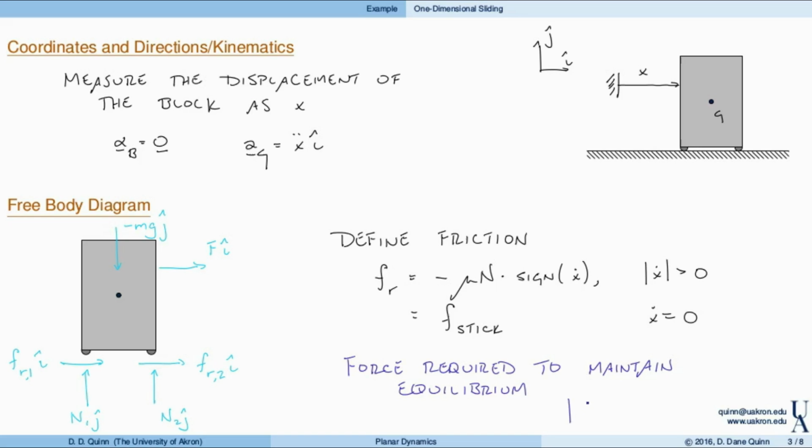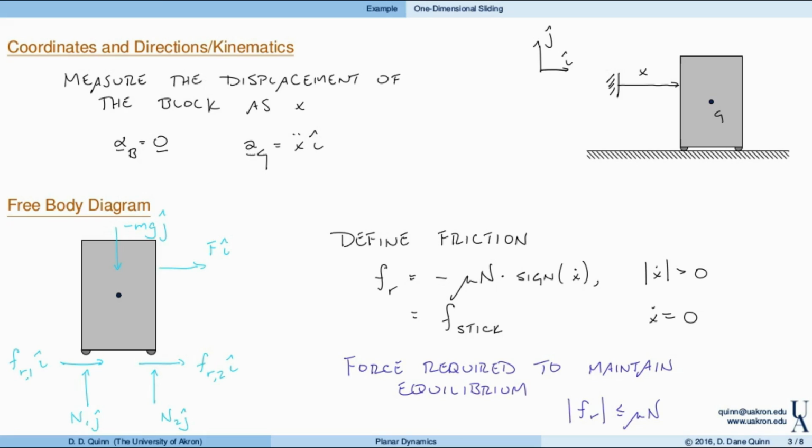And we have our inequality that the magnitude of the friction force must be less than or equal to mu N. So this would tell us when we transition between a state of stick and a state of slip. So these are the forces that act on the system. And again, we have a description of the friction force. We have the kinematics, so the angular and linear acceleration of the block. And now we are ready to apply the equations of motion.